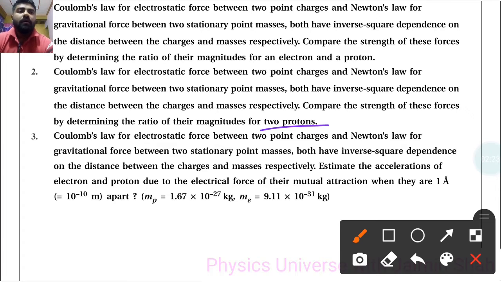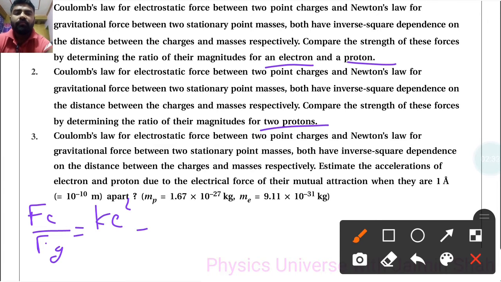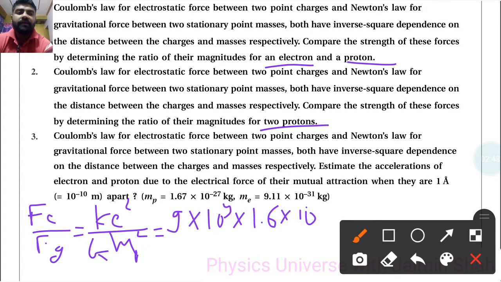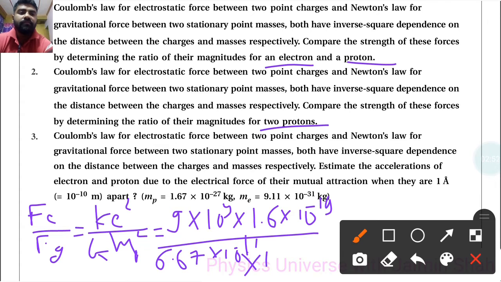Earlier it was one electron and one proton, but now between two protons, so again the same formula, Fe upon Fg, similarly k e squared upon G m_p squared. So 9 into 10 raised to 9, e is 1.6 into 10 raised to minus 19, upon 6.67 into 10 raised to minus 11, and m_p is given here, 1.67 into 10 raised to minus 27 squared.